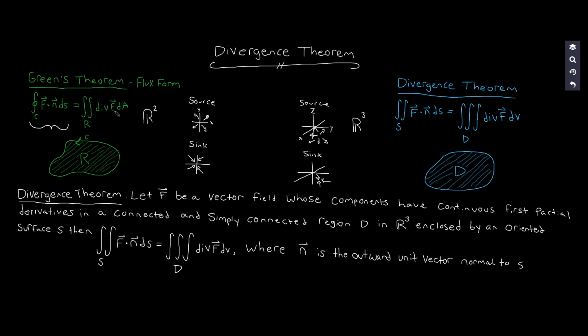So this expression represents a line integral over a closed curve, and that curve is c, right? You can see that there's a c right here, and there's a c right here.